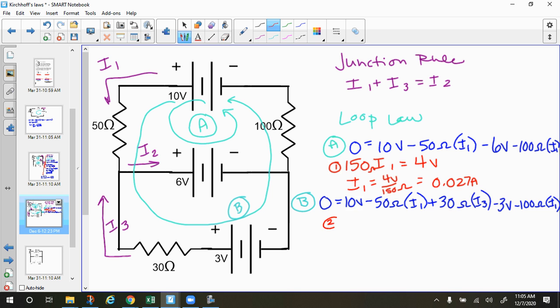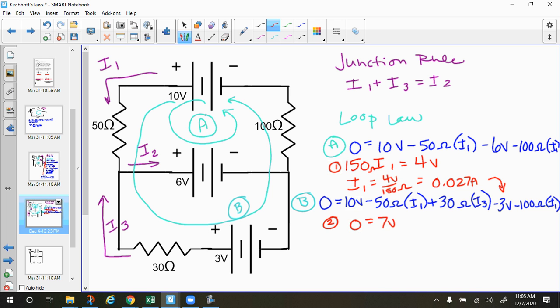And then step 2 is to plug this into this equation here, and I have to isolate I3. So I think I'm going to do that first. Let me simplify this. So I get 0 equals 7 volts, because I have the 10 minus the 3.